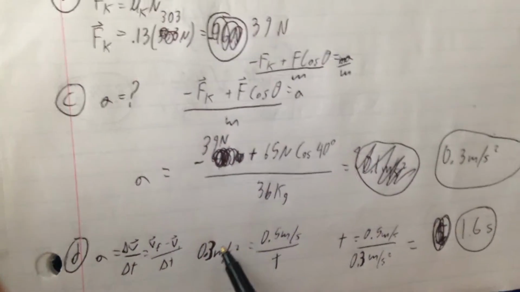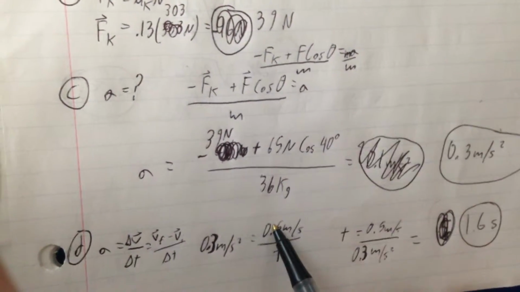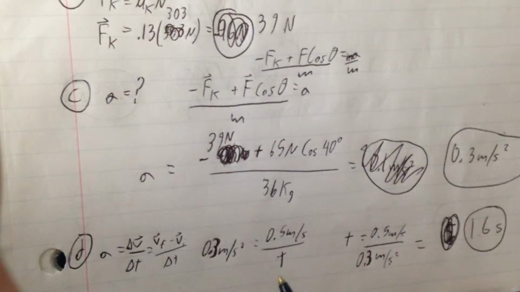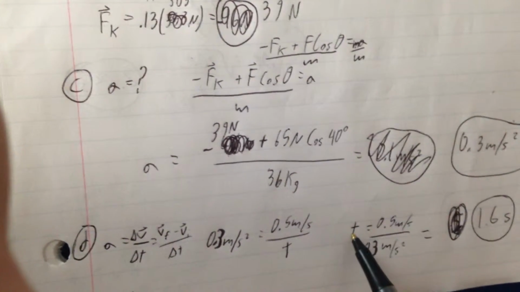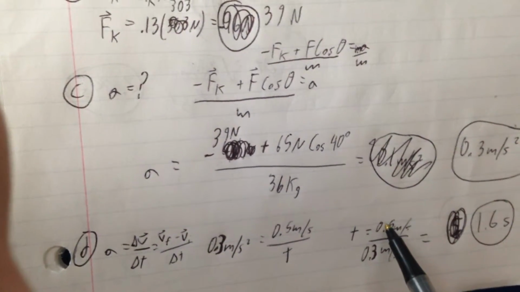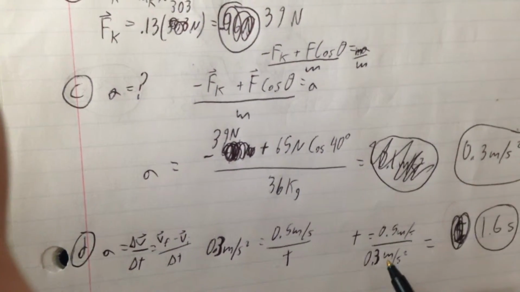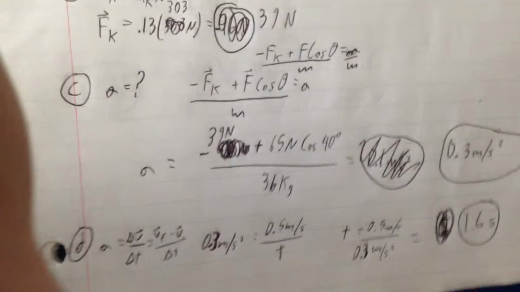Then you can set acceleration equal to change in velocity over change in time, and rearrange: time equals the change in velocity over the acceleration, which is 1.6 seconds. And that's Newton's second law.